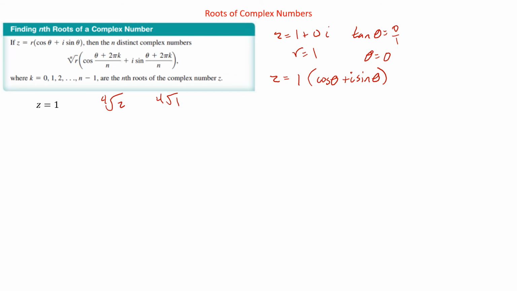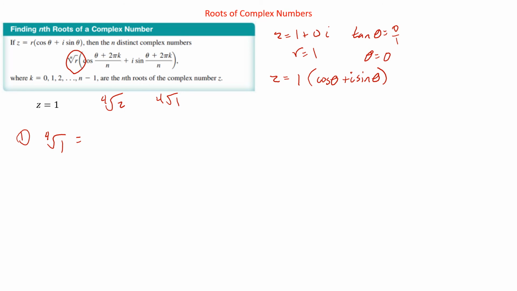So we're going to find 4 of these. So the first one, the fourth root of 1, because z is 1, the fourth root of 1 is just 1, like what we'd get when we'd plug it into our calculator. Oh, and when z equals 1, these are called roots of unity.